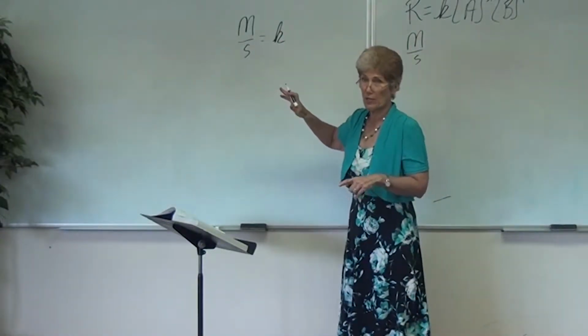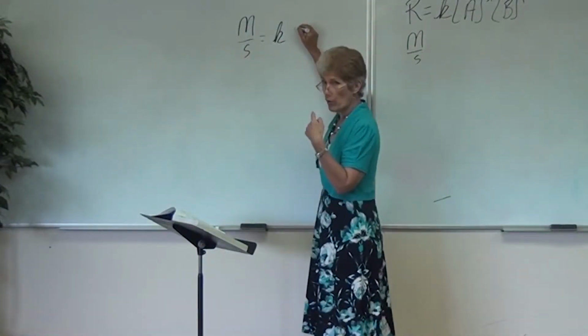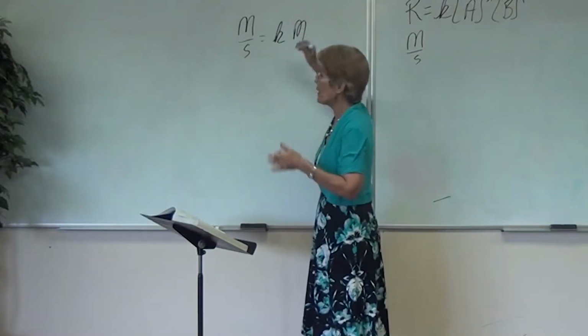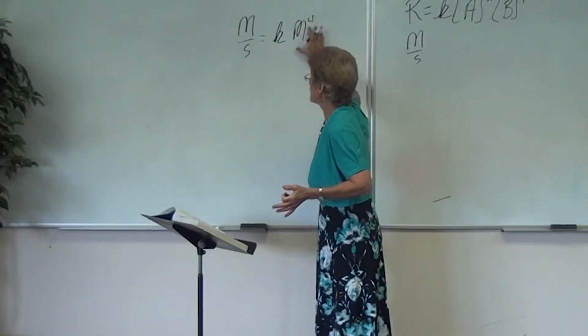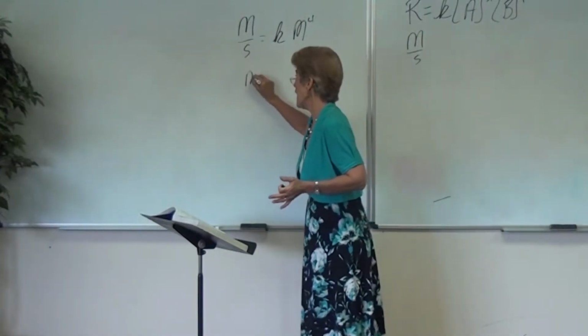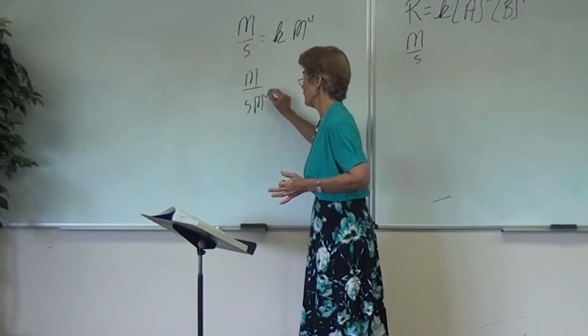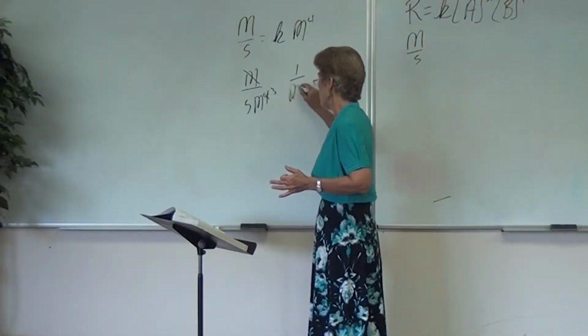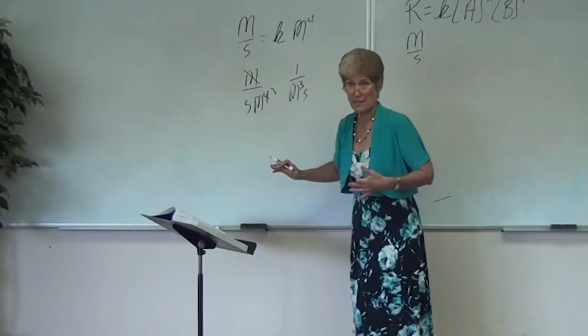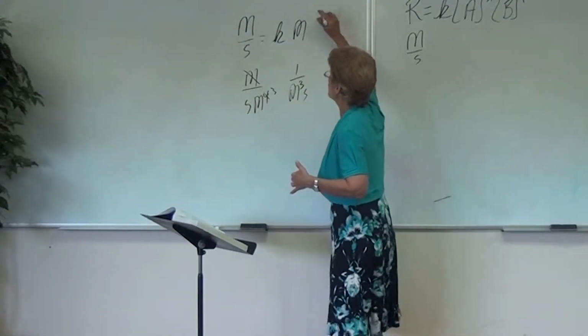Now watch up here for a minute, Luch. Let's say that the order of these ended up multiplying together to be 4. To find this, you're always going to have to swing this over here, so it's going to end up being this. So when I take this off, this is going to be 3, so that's going to be 1 over molar cubed seconds, right? Let's say this was a 2.